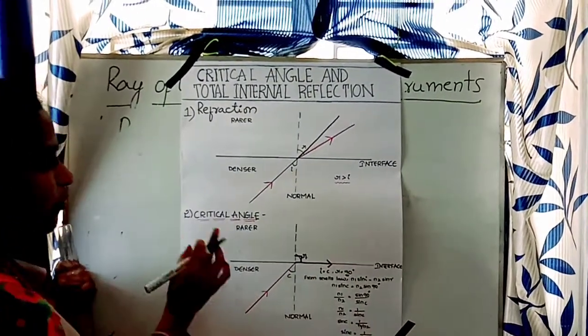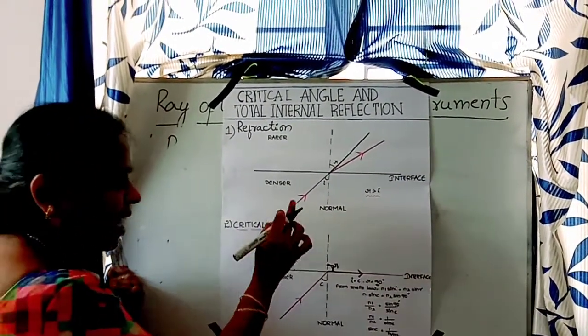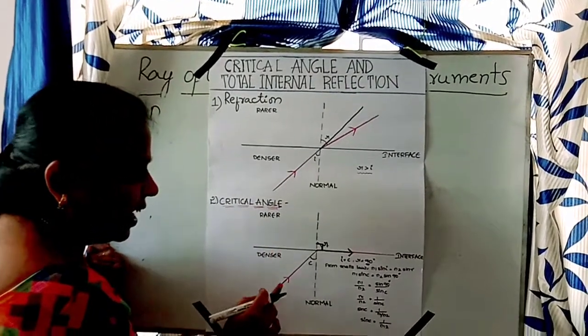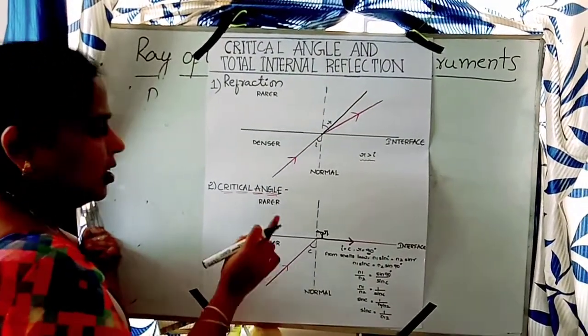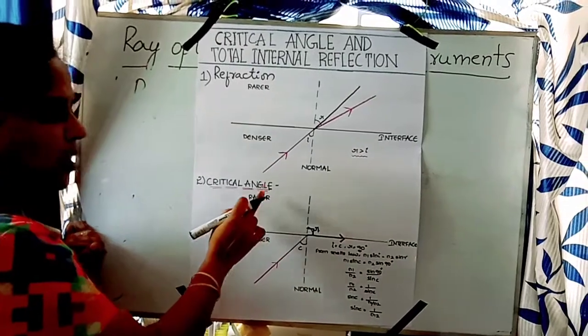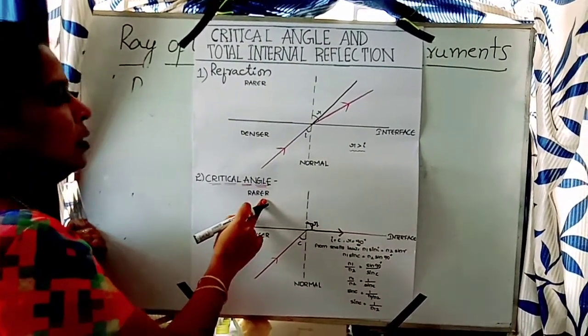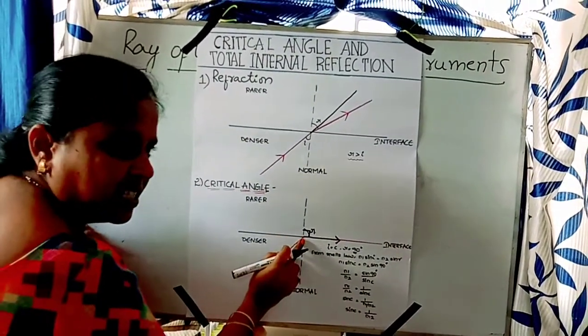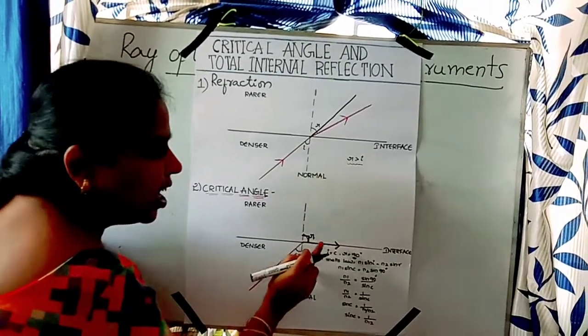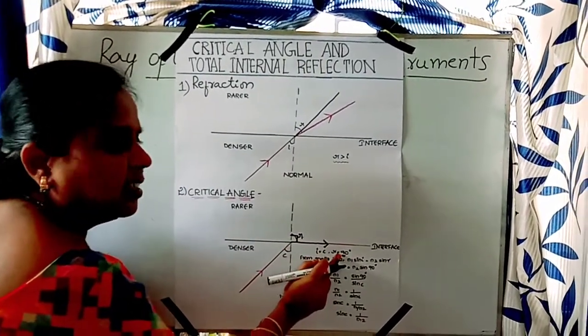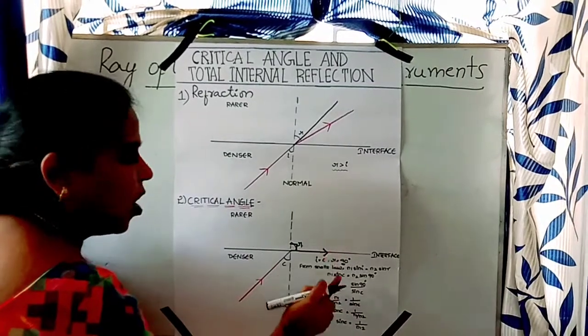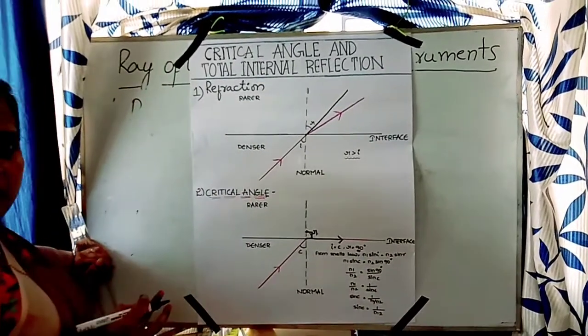So we can define the critical angle like this: when the light ray travels from denser medium to rarer medium, the angle of incidence for which the angle of refraction is 90 degrees is called the critical angle.